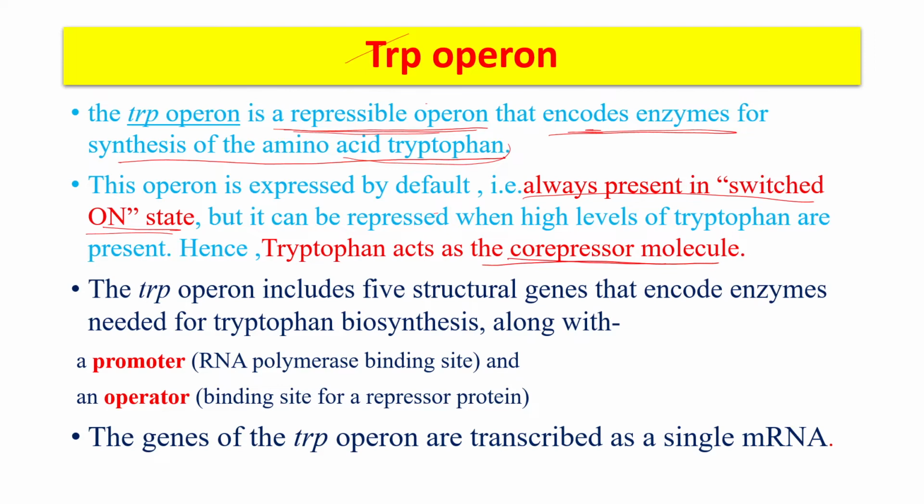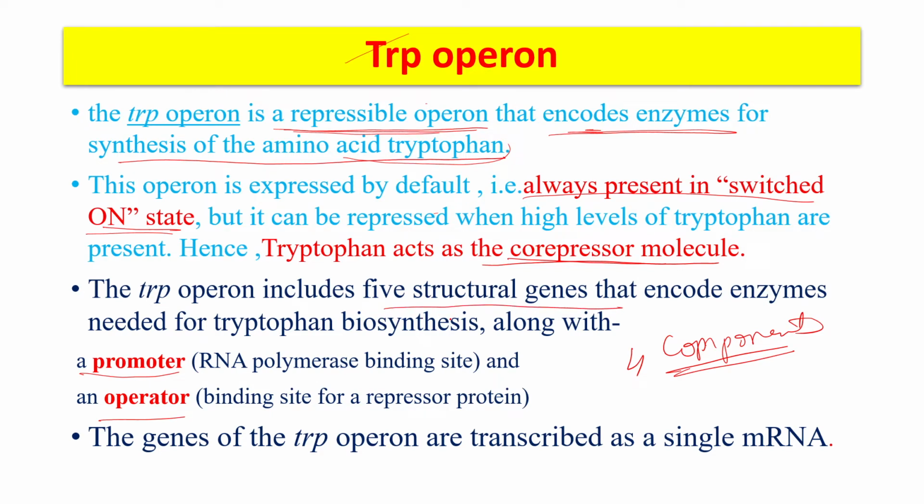Now let's move on to the next point. As I told, the operon is made up of several components. Similar is the case with our trp operon. What are the components? It is made up of basically four components: one component is our regulator, the second is our promoter, then operator, and then our structural genes.